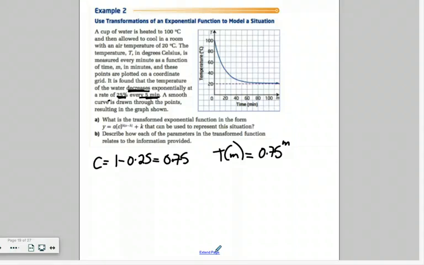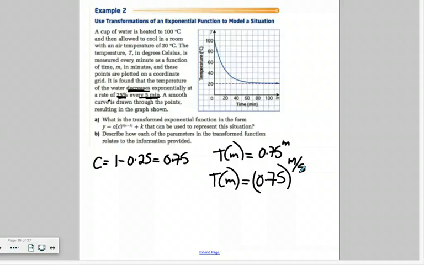It's affecting our exponent. So what that does is turn our function into 0.75 to the power of m over 5, right? Because we get 75% of the temperature remaining after 5 minutes. And we're only going to be able to do that if m is equal to 5, and then your exponent of 5 over 5 would be 1.